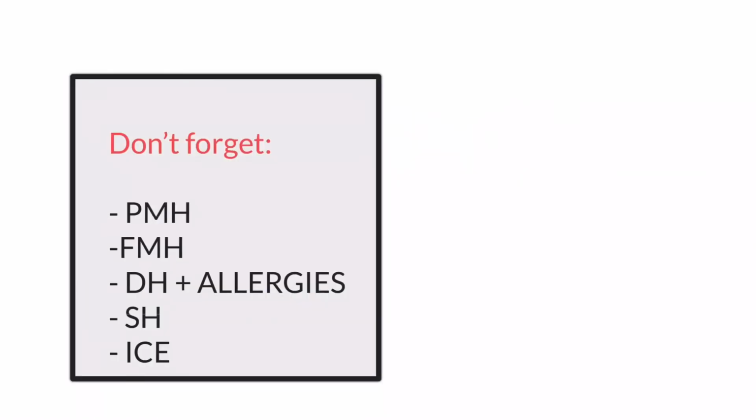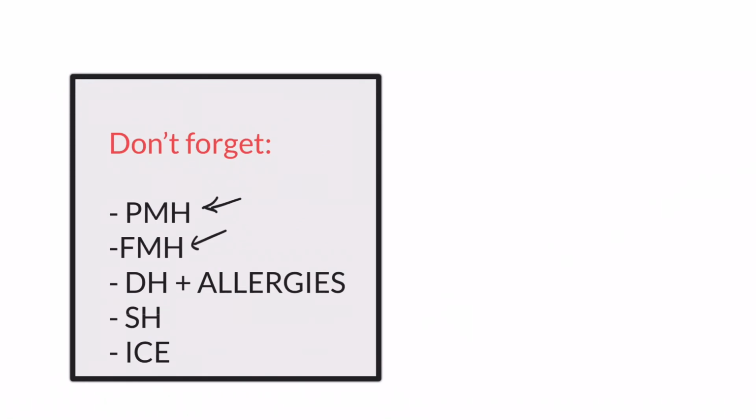After you've gathered this information, within the time frame permitted in your OSCE, that could be 10 or 8 minutes, you should have an idea of what may be going on if you're taking a good history. At this point, you have to quickly go through past medical history, very important. Family history, very important: any history of lower back pain, spinal cancers, any spinal surgery, anything around those lines.